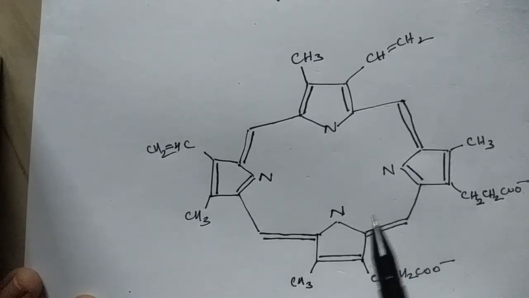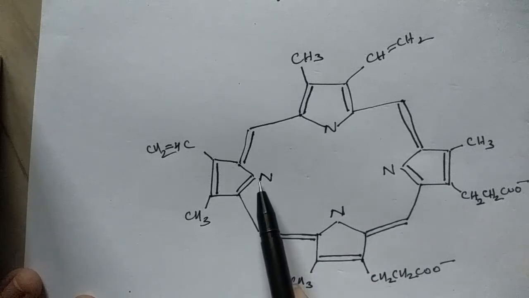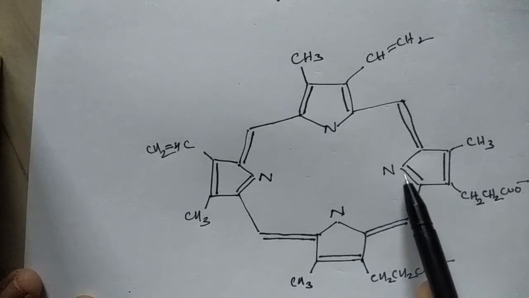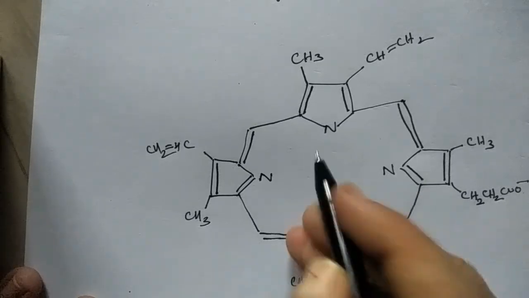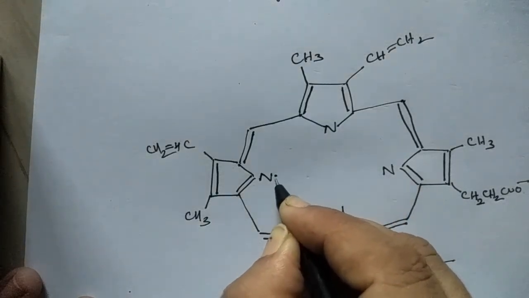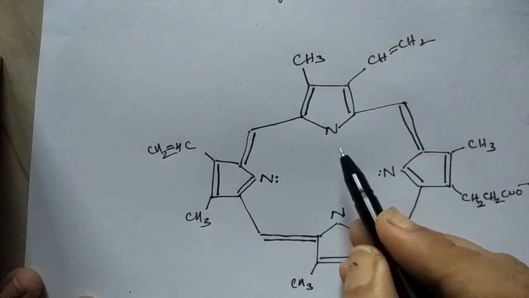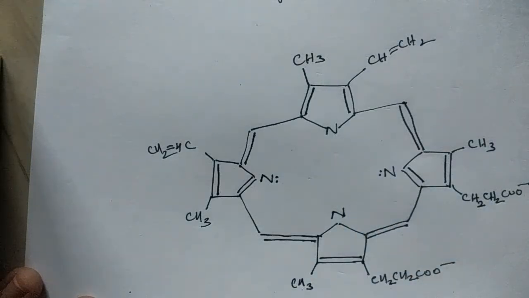Now if you look, this nitrogen has a valence of 3, it is 1, 2, 3. For this nitrogen also the valence is 3. So on these nitrogens, they will be having lone pairs of electrons. Now in this case, for these two nitrogens only 2 valencies have been satisfied.